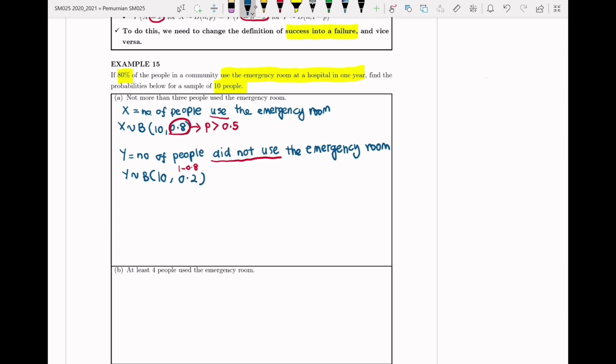So now the probability is less than 0.5, so we can use the table.